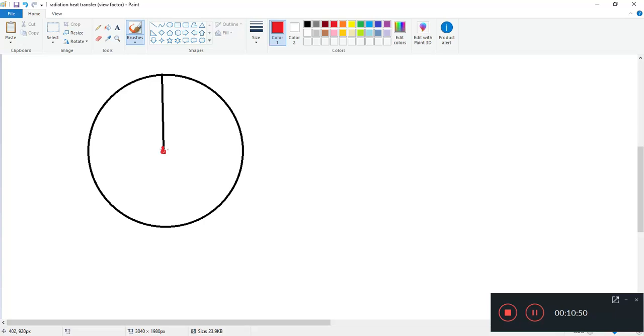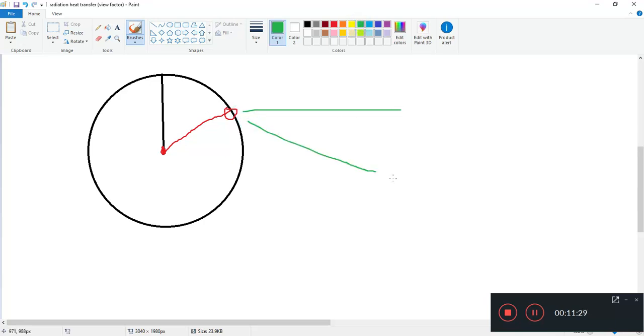Let's say we're just wanting to consider this little circle of the sphere. Now, what is this sphere area, so to speak? We have to zoom in and find out this sphere area. We'll use a differential area.